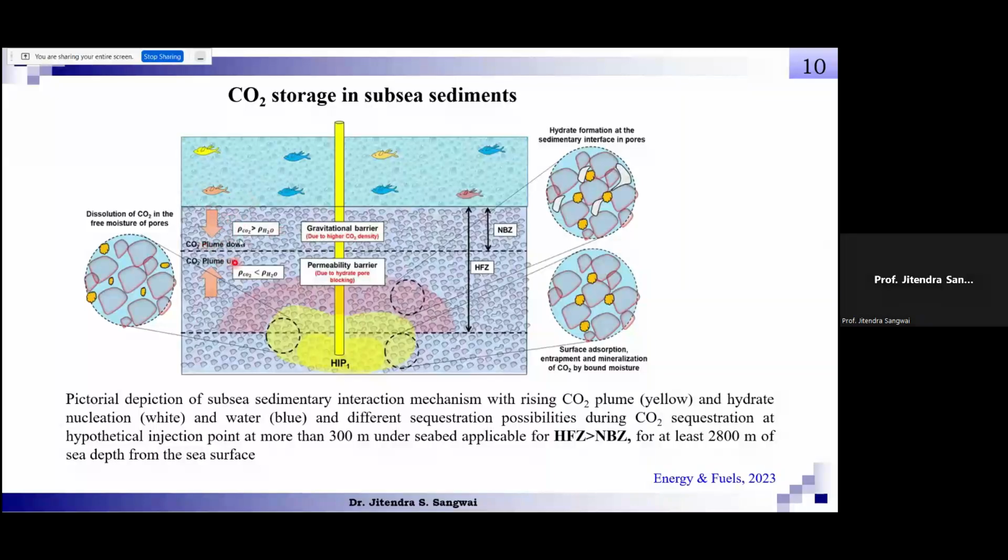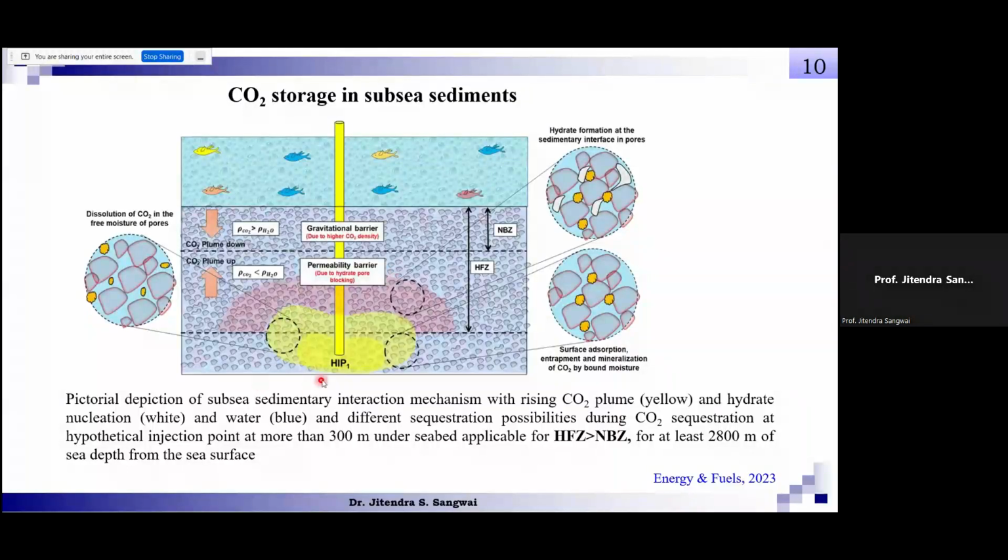So it will remain permanently trapped because of two simultaneous mechanisms: a gravitational barrier because of higher CO2 density than the water at certain depth, and a permeability barrier because the carbon dioxide is getting converted into the hydrate form. You can also have additives, which you can use in the lab, to increase the hydrate formation rate once you sequester that into the ocean.